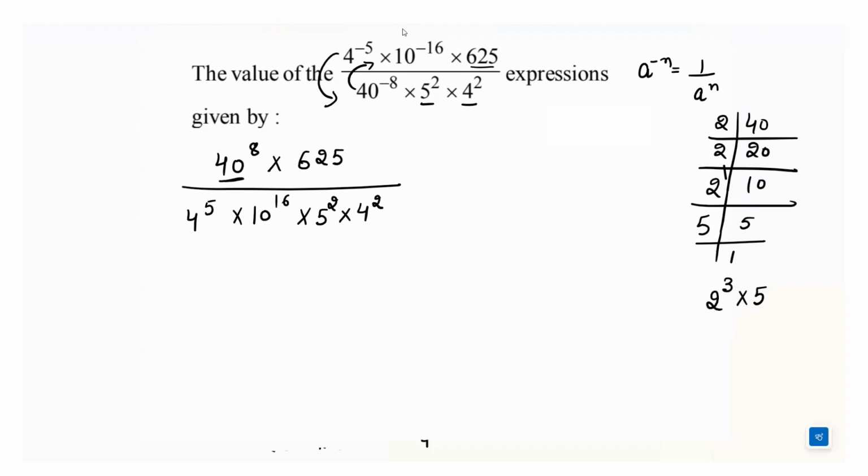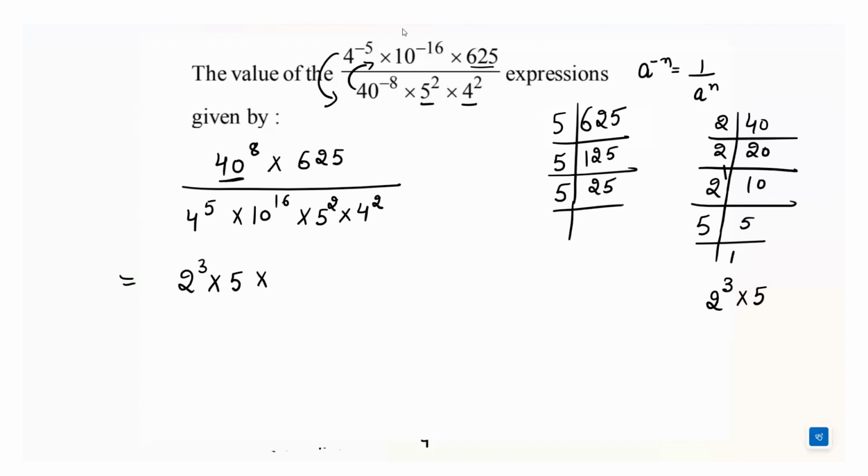So we'll write that here: 2 raised to power 3 into 5. Same for 625. I can write it as 125, then again 5, 25, then again 5, then 5, then again 5 and 1. So it can be written as 5 raised to power 4. We will write that here.